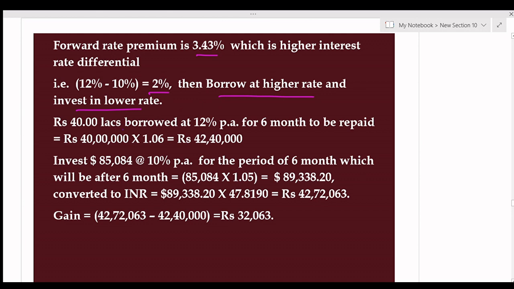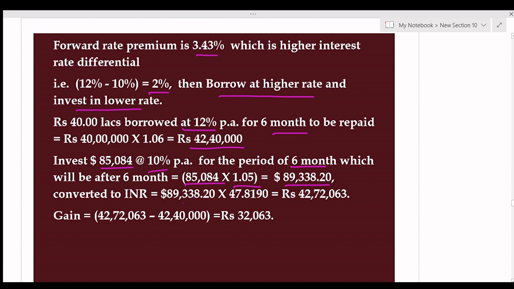Now 40 lakhs borrowed at the 12% higher rate for 6 months, the amount to be repaid will be 42 lakhs 40,000. Now invest $85,084 at the lower interest rate, that is 10% per annum, for a period of 6 months. 85,084 into 1.05 is equal to $89,338.20.